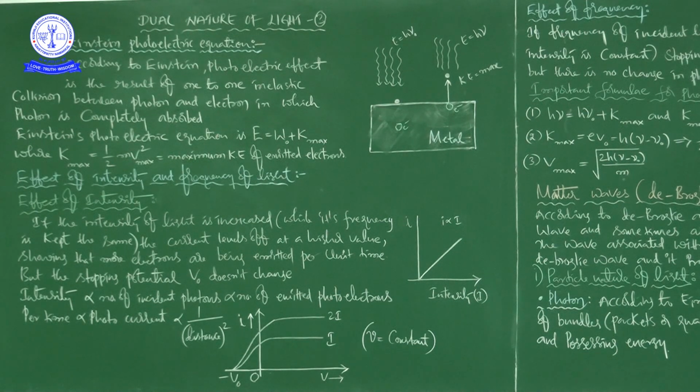Work function is the minimum energy of incident radiation required to eject the electrons from a metallic surface, and it is defined as the work function of that surface. As simple as that, work function is the minimum amount of energy of incident radiation required to eject the electrons from the metallic surface.